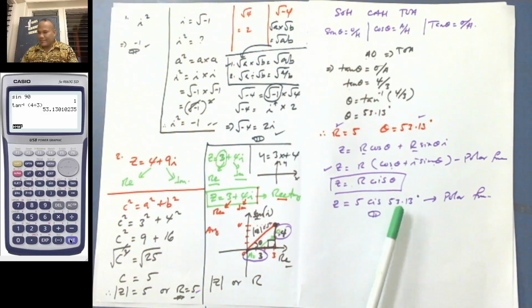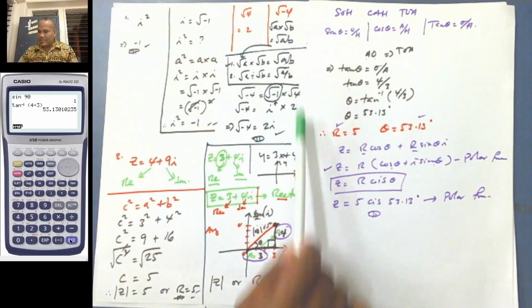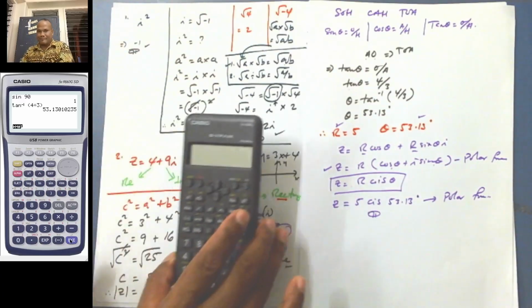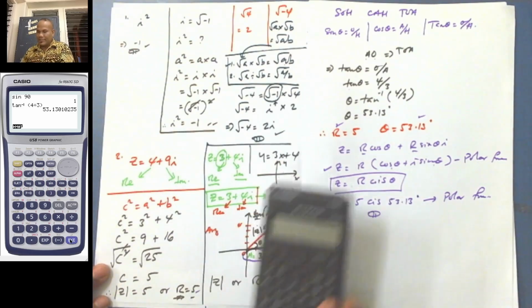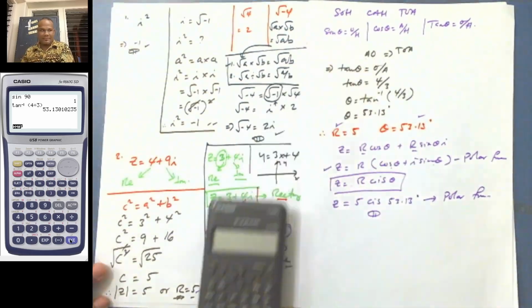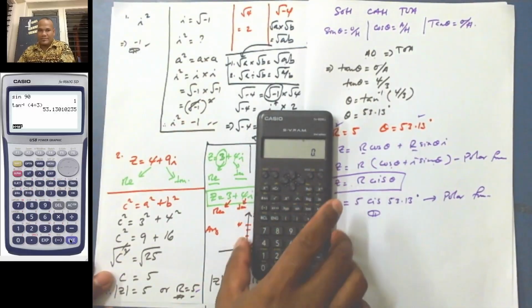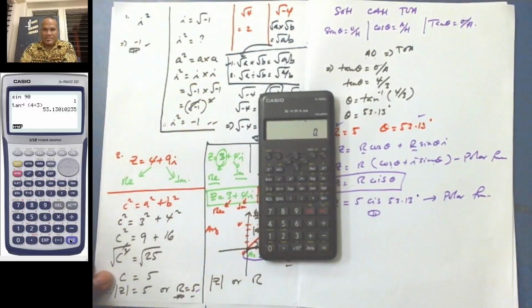You can find this in the calculator, it's an easier way, but this is what the calculator is doing. So let's convert this rectangular into polar. I'll just zoom in so you can see.